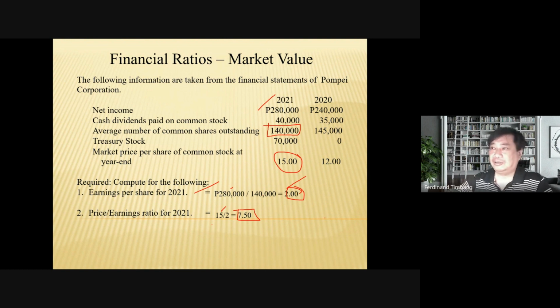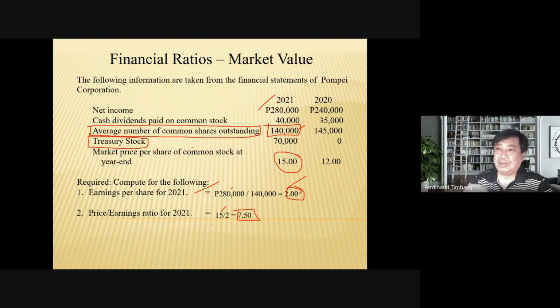Kaya lang dito, itong treasury stock actually, they are deducted from the denominator. Kaya lang since dito ibinigay sa atin yung average, it is already assumed that the treasury stock was already removed from the 140,000.